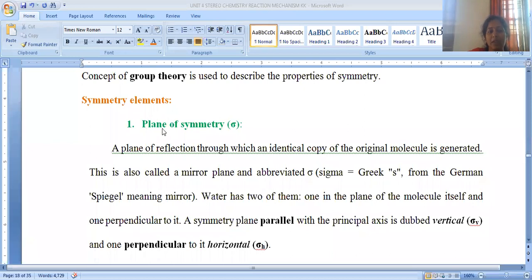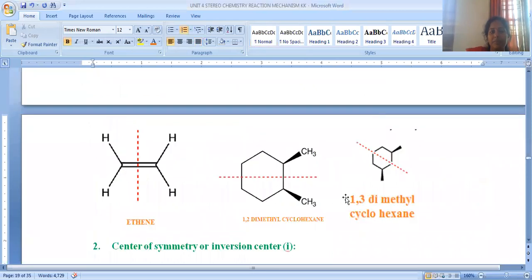The first symmetry element is the plane of symmetry. Plane of symmetry means taking the molecule and bisecting it with an imaginary line. For example, by taking this example, we can see this is the molecule of ethene.